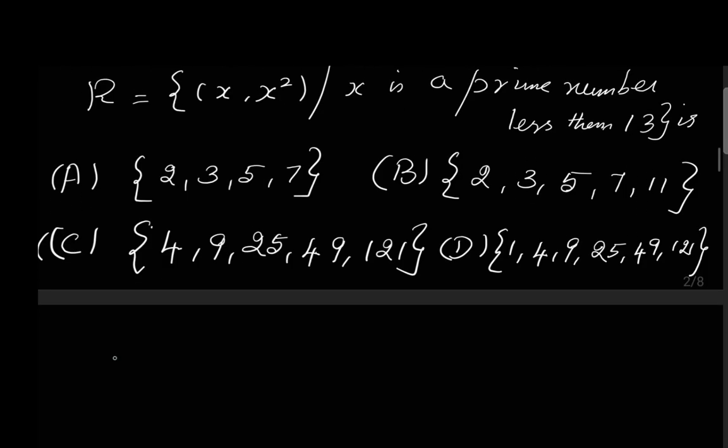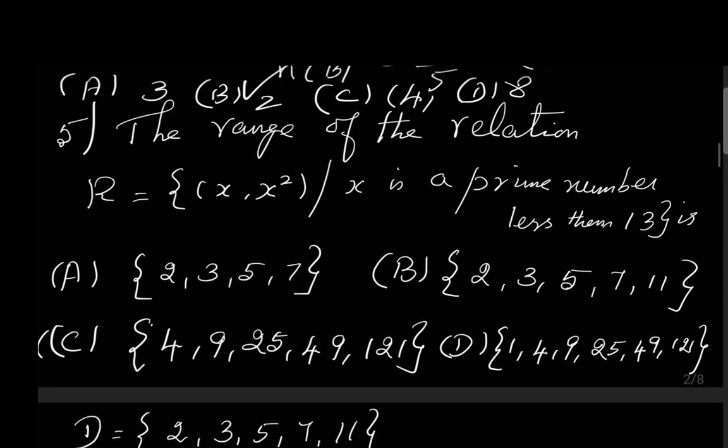So first you collect the elements of the domain. x is a prime number less than 13. That is the prime numbers 2, 3, 5, 7, 11. The next number is 13, but you should not write it. So these are the domain elements.